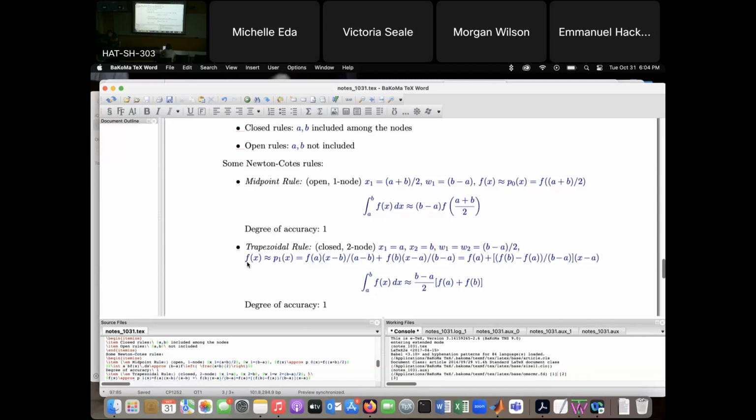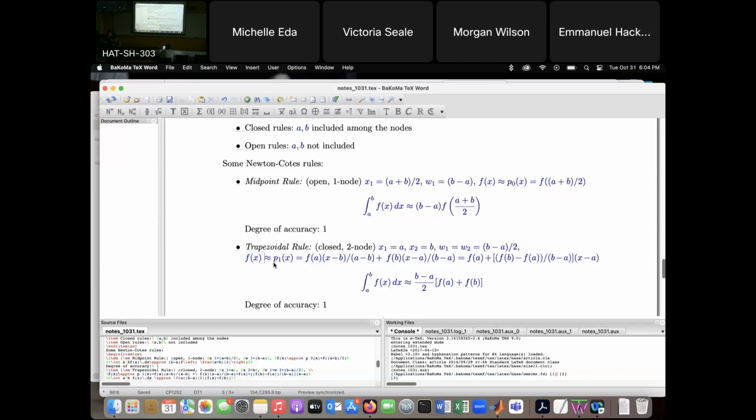So what you're doing is you're approximating f by a linear function. It's this one right here. Here it's written in Lagrange form, and then here I've written it in point slope form. So it's a line. Actually, yeah, it's a secant line that passes through the graph of f at x equals a and x equals b. So this is what the trapezoidal rule looks like.